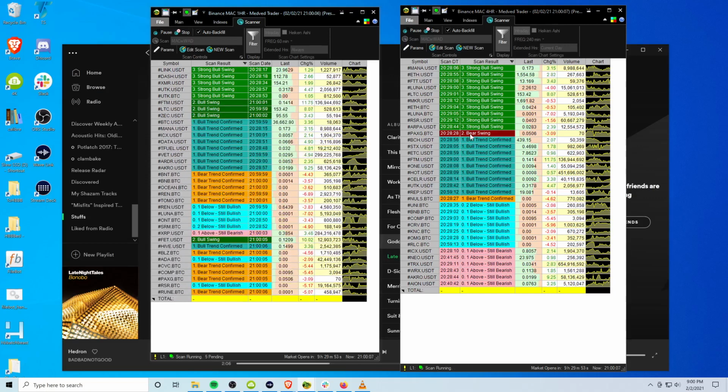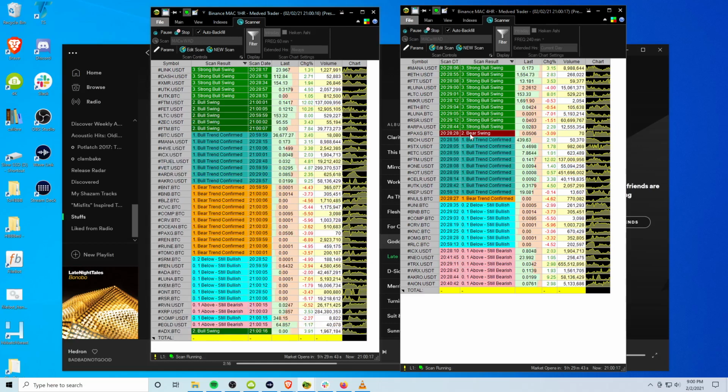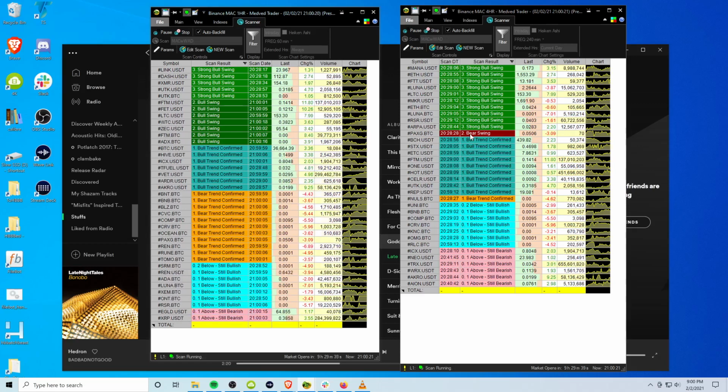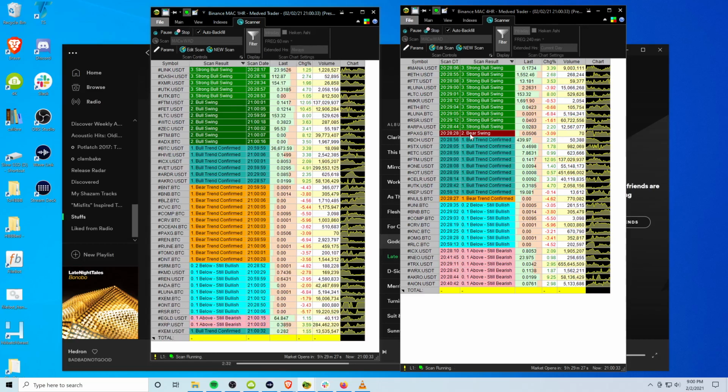So I would evaluate my position based on a swing, or based on a support, and I'm waiting for price to come down to that support, and that's what the bull swing signal is for. There's no time limit on that. The swing may happen immediately, it may not happen, and that's not invalidating the signal.